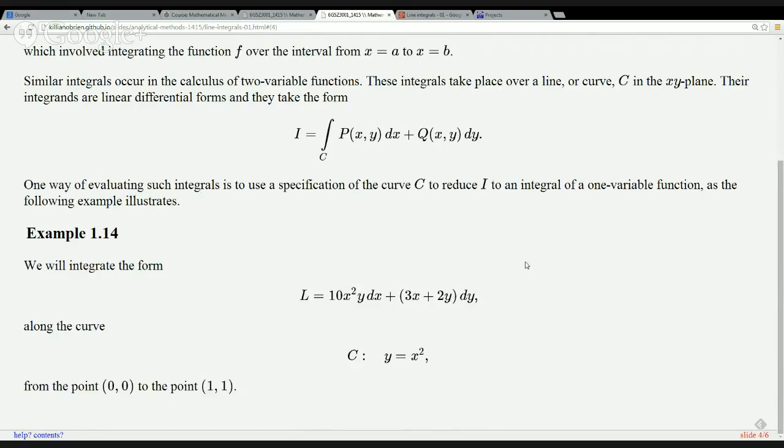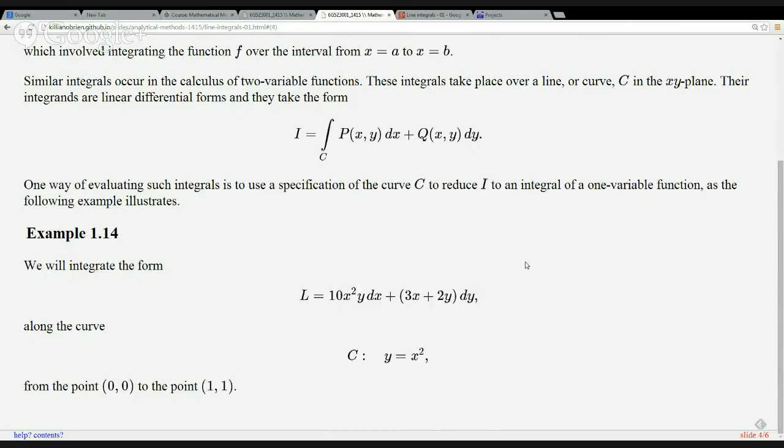So this integrates to 2x to the power 5 plus x to the power 4 plus 2x cubed. You evaluate that at x equals 0 and x equals 1. You get nothing at x equals 0, and you just get 5 at x equals 1. So this integral will evaluate to 5.